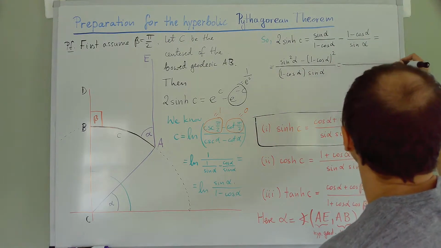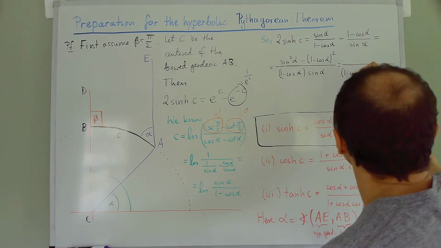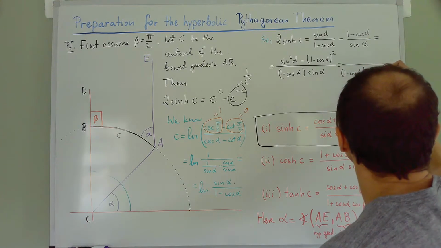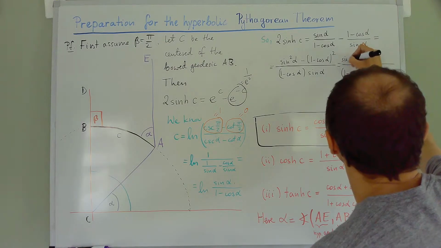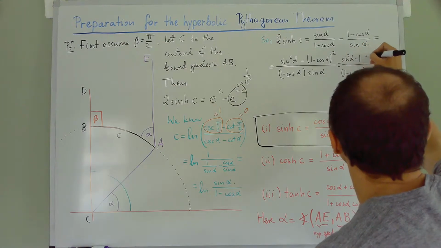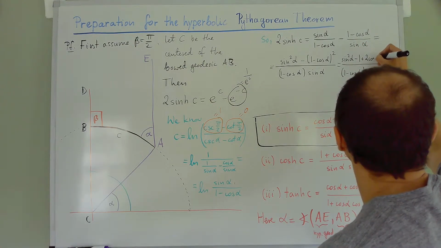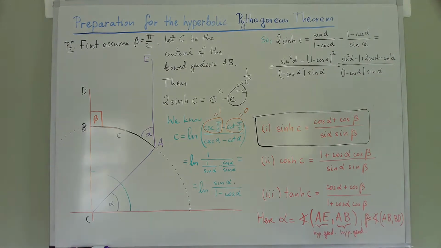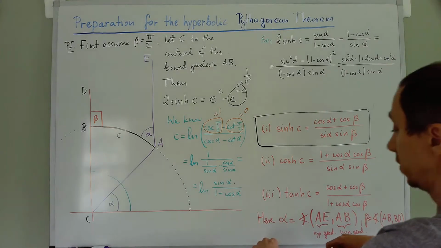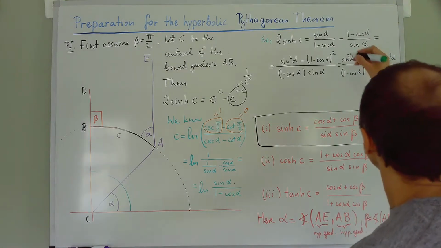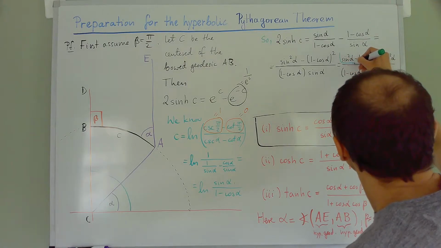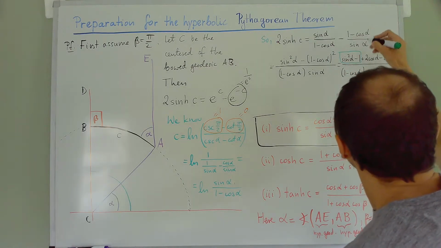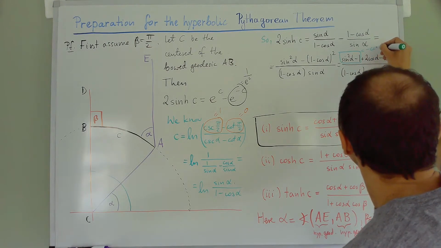So that gives us sine squared alpha minus 1 plus 2 cosine alpha minus cosine squared alpha. Okay, now, standard trigonometry, right? This is just minus cosine squared alpha.